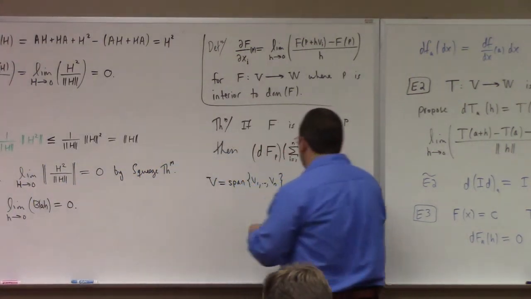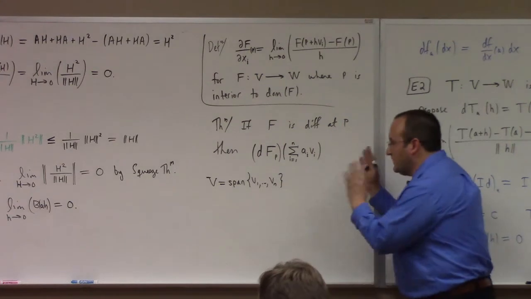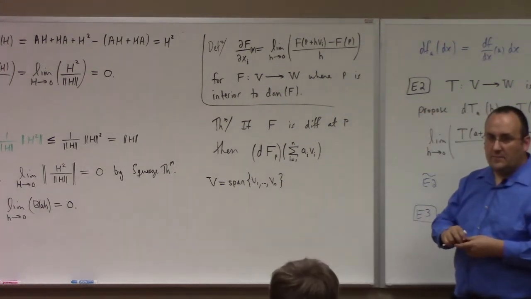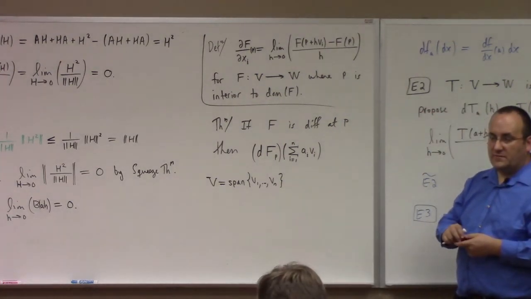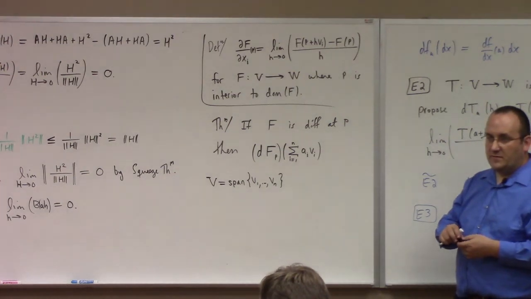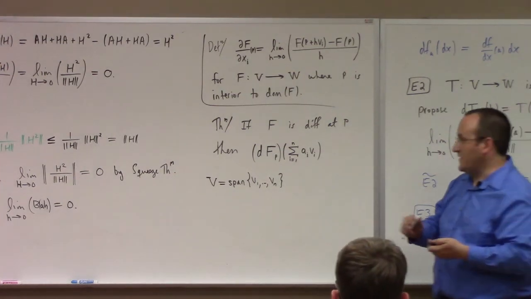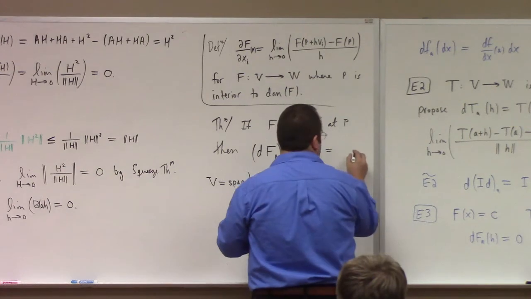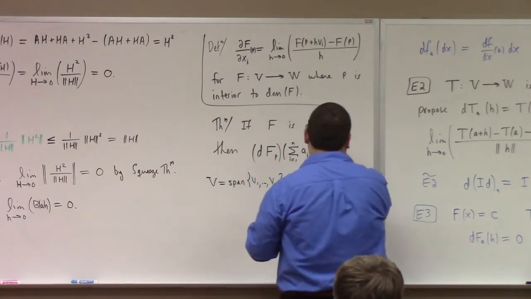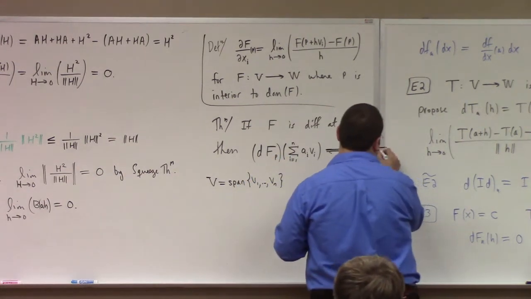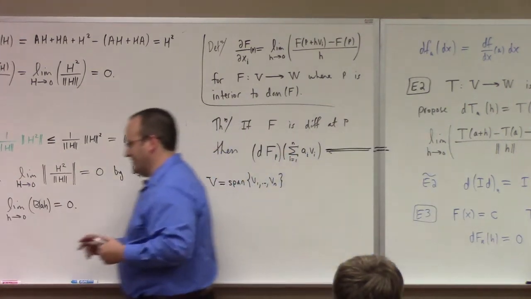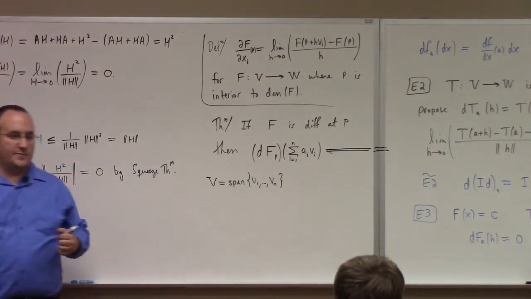But if f is differentiable in the sense of Fréchet, then you can build the differential from partial derivatives in the following natural sense. This is equal to, is that P on the end, or is it something else? P is the fixed point.